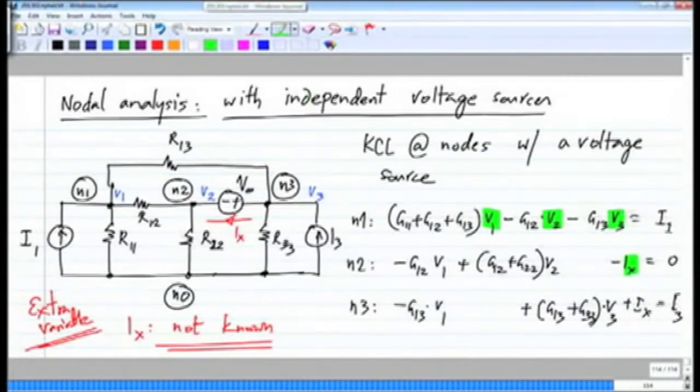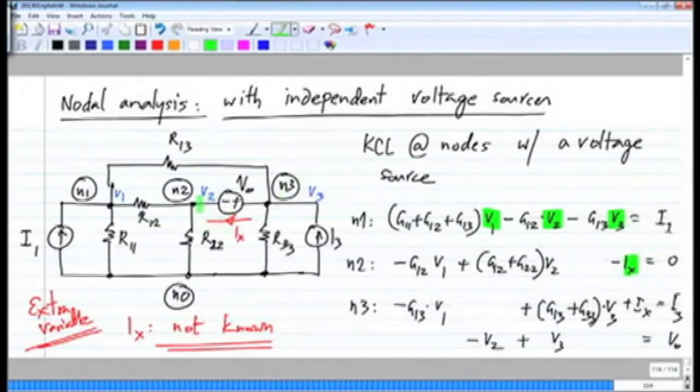Clearly, so far I have not described the voltage source itself, and that gives me the extra equation. This difference V3 minus V2 will be equal to V0. Let me write it in the same order: minus V2 plus V3 equals V0.